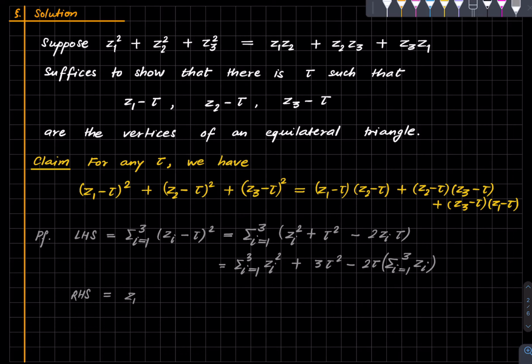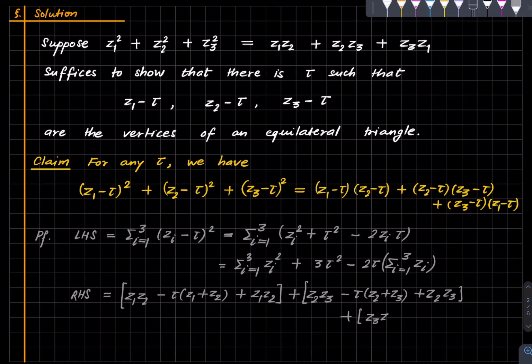The first term is z1 z2 minus tau (z1 plus z2) plus tau square. Then the second term, z2 z3 minus tau (z2 plus z3) plus tau square, and then we have the third term, which is z3 z1 minus tau (z3 plus z1) plus tau square.